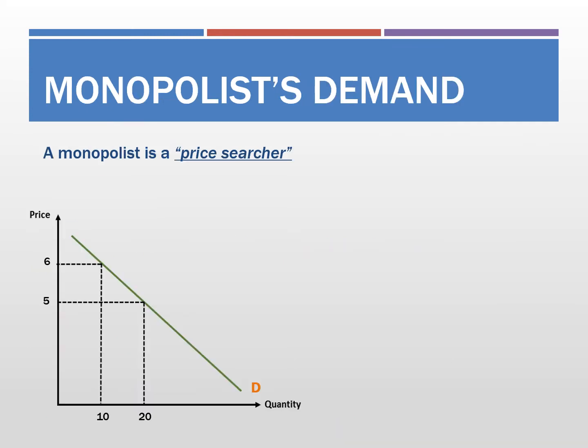So we have talked about several types of monopolies with their barriers to entry. Now we would like to discover how a monopolist faces a different demand from what we studied in the perfectly competitive firm. A monopolist is usually what we call a price searcher, because the firm has to face the whole market demand.